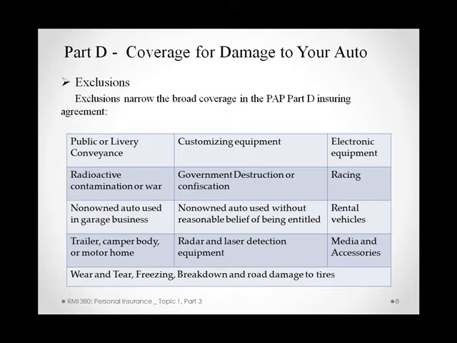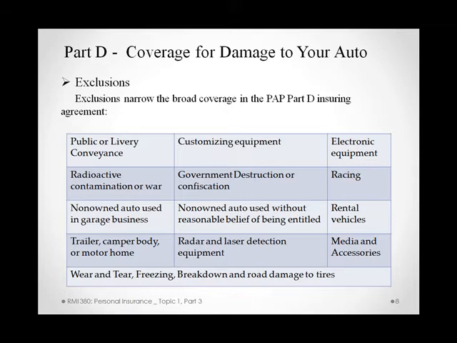Wear and tear, freezing, breakdown, and road damage to the tires would not be paid, so that eliminates coverage for losses that either occur inevitably or can often be prevented by regular maintenance. However, it does not apply if the damage results from a total theft of a covered auto or a non-owned auto.